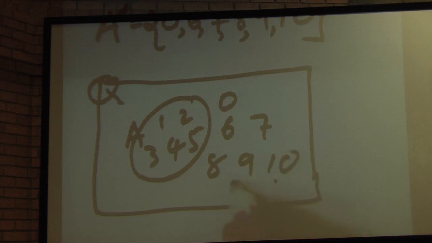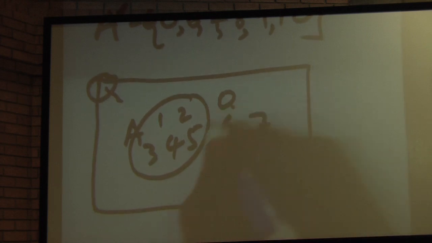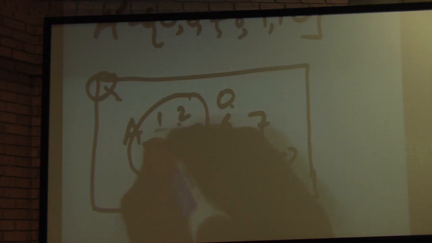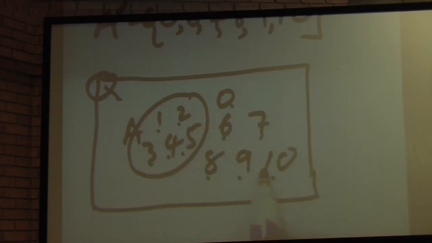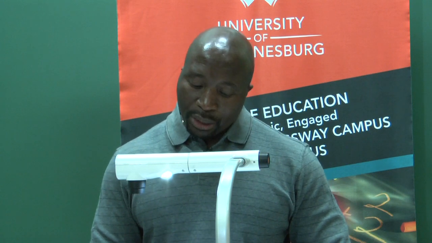We always use dots to represent the elements, because if we just left it like that, 10 would look the same as 1 and 0. So to represent 10 as a single element and not a combination of a 1 and a 0, we use the dot in set theory.